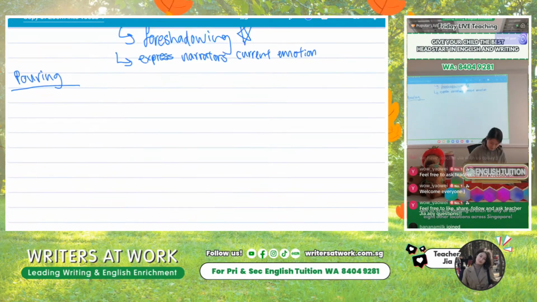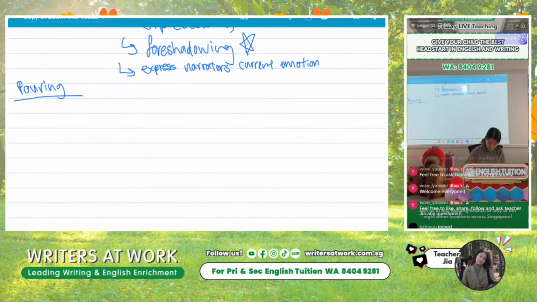Pouring. I'm going to write this on the spot with you. When you're saying pouring, we want to first describe the rain because it's the main character. Let's start directly.